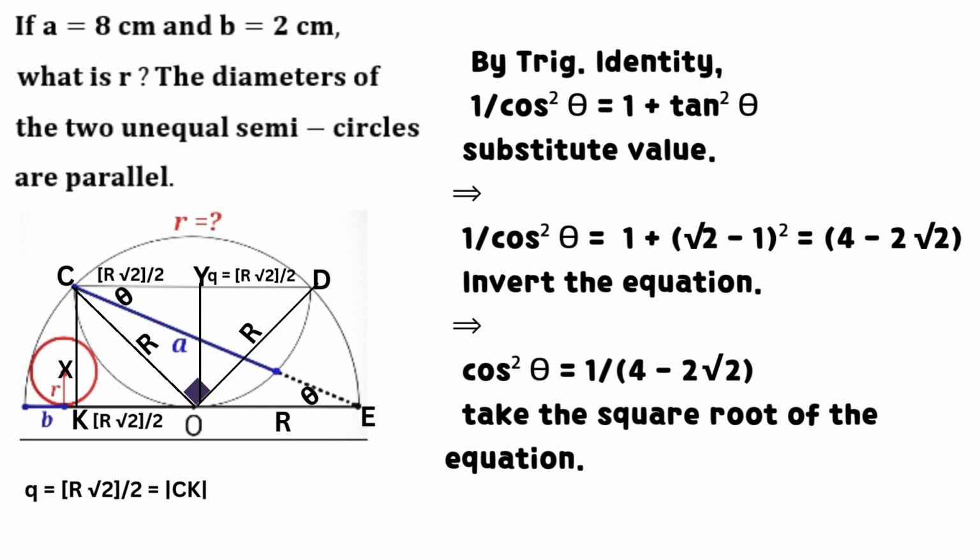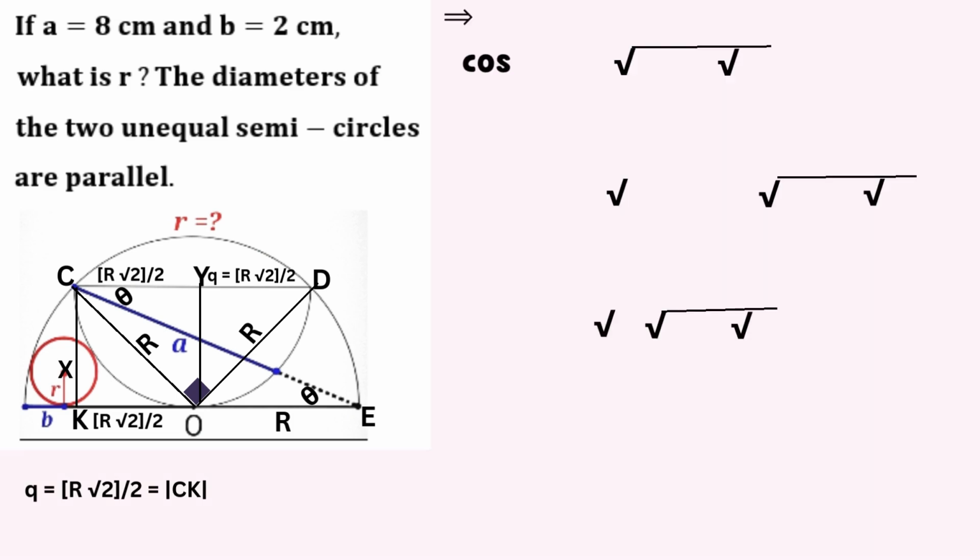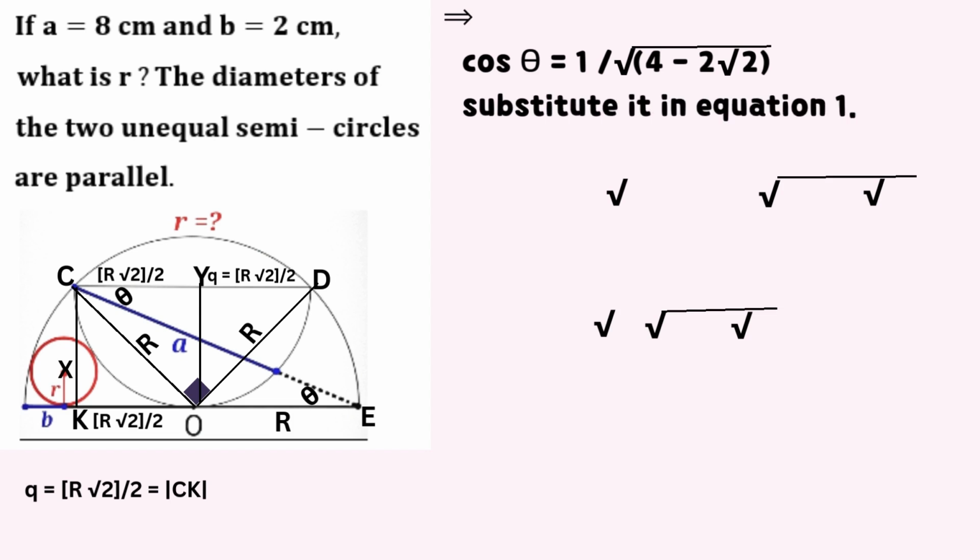Then, take the square root of the equation. Cosine theta equals 1 divided by the square root of 4 minus 2 times the square root of 2.